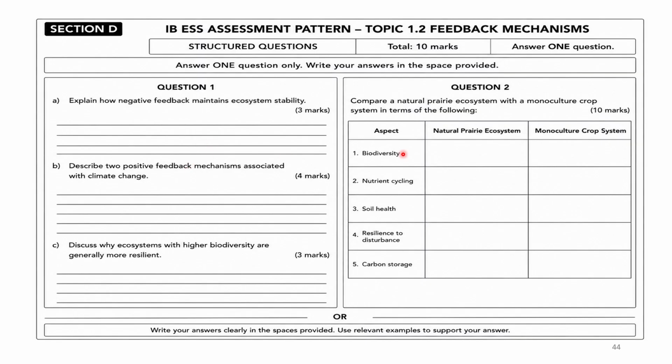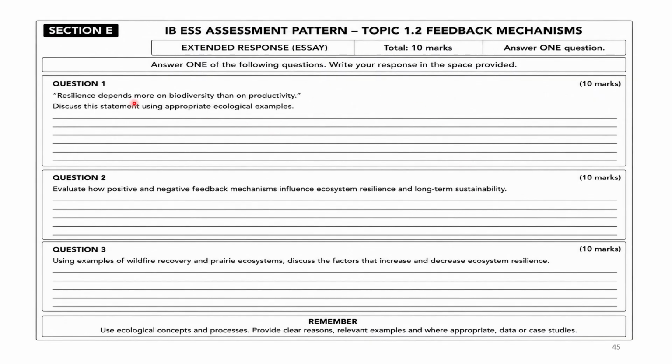The second option requires a comparative analysis of a natural prairie ecosystem and a monoculture crop system, considering biodiversity, nutrient cycling, soil health, resilience to disturbance, and carbon storage. In this section, marks are awarded for well-structured explanations, scientific terminology, logical comparisons, and the use of relevant environmental examples.